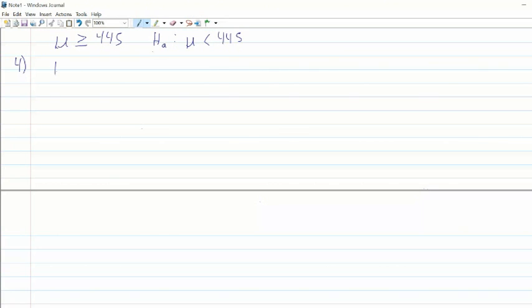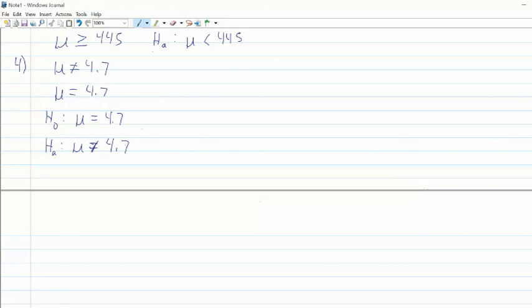So we're going to assume that the valve is not working at specification, 4.7, and so the opposite of that is equal to. And so our null hypothesis is going to be mu equals 4.7, and our alternate hypothesis is going to be mu not equal to 4.7.